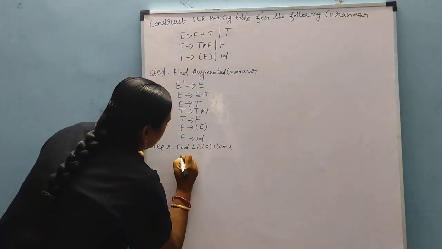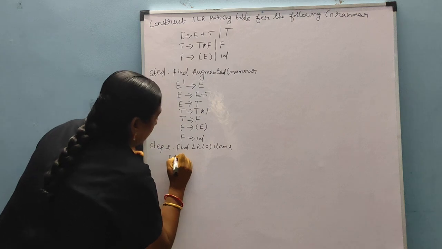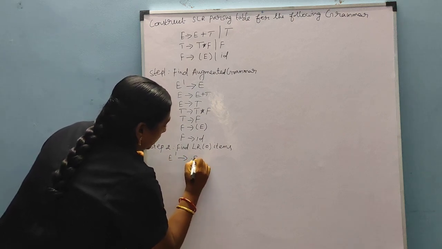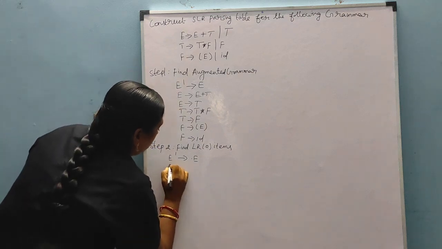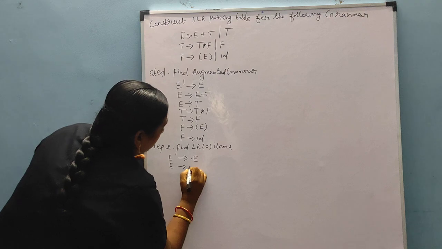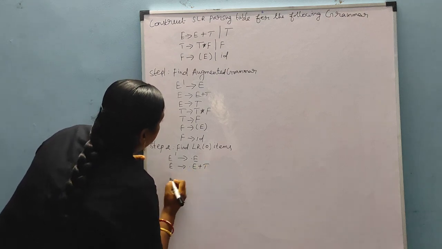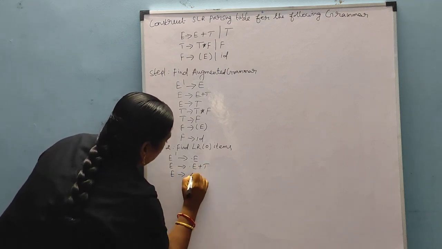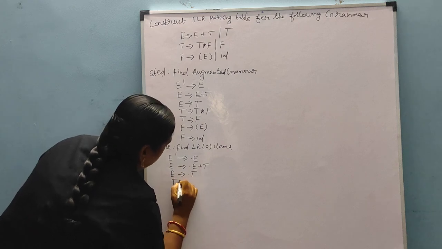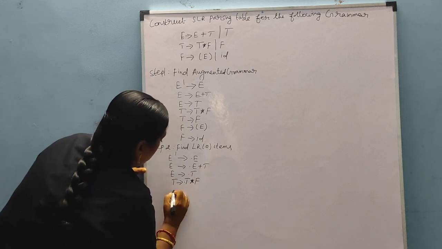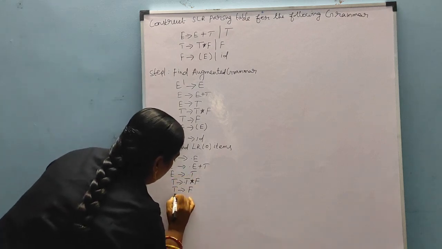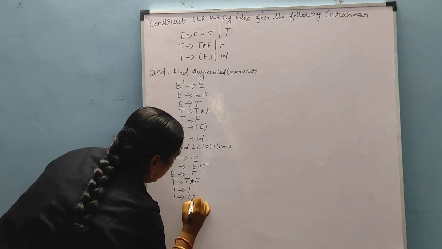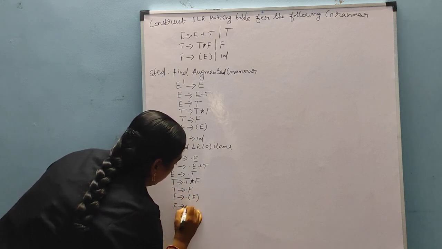I will write here, instead of E dash tends to E, E dash tends to dot E. Likewise for all the productions: E tends to dot E plus T, E tends to dot T, T tends to dot T star F, and then T tends to dot F. Then F tends to dot E, then F tends to dot ID.